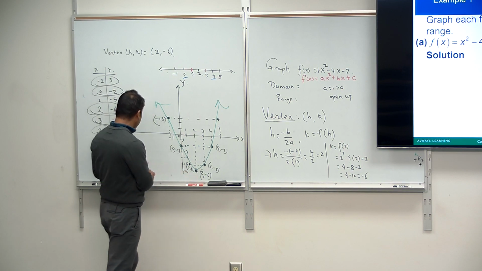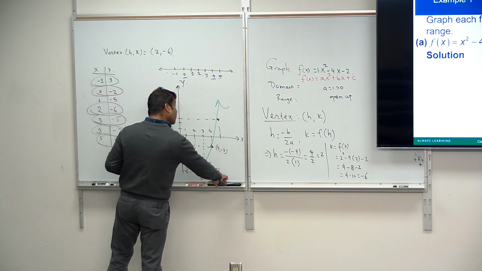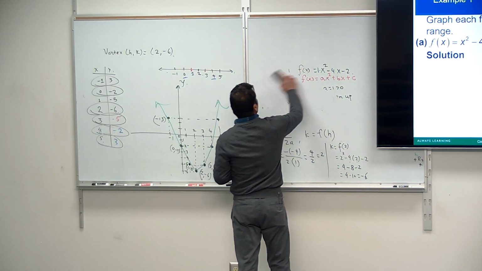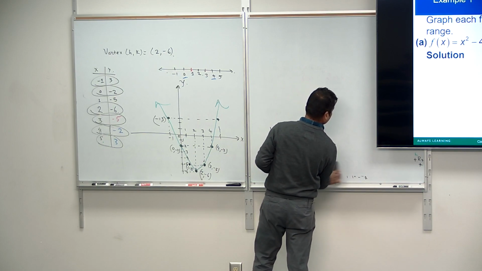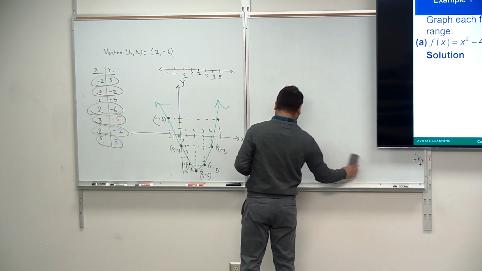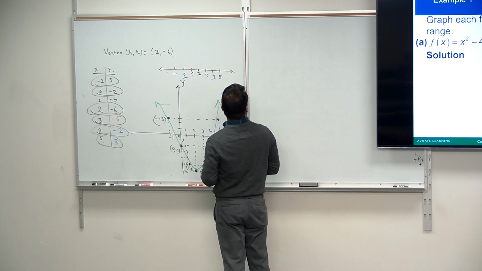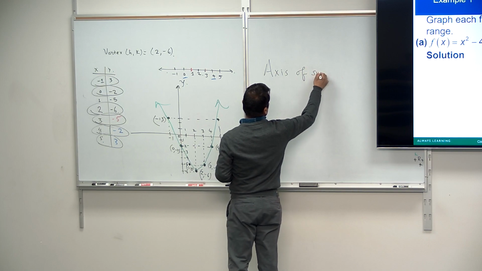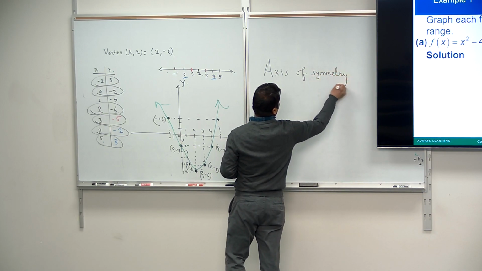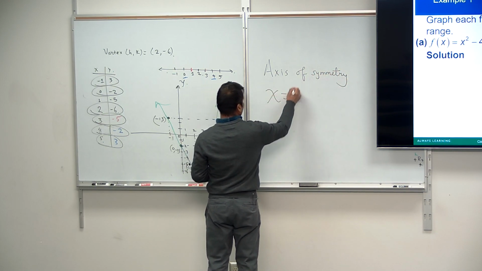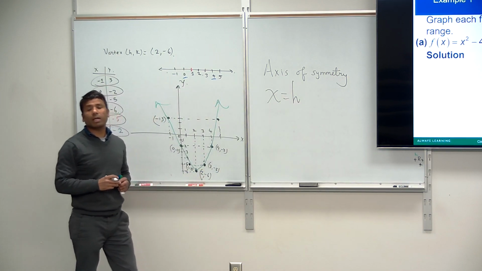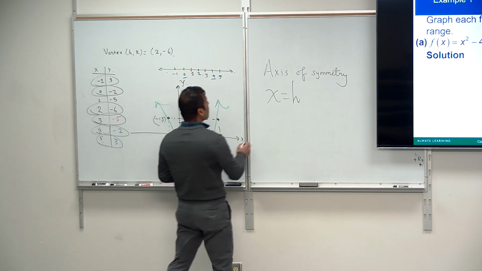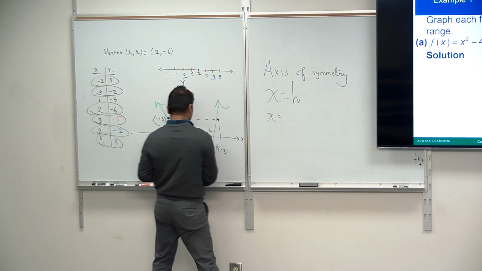And the line of symmetry, or people also say axis of symmetry, is x equal to h. And what is the value of h?